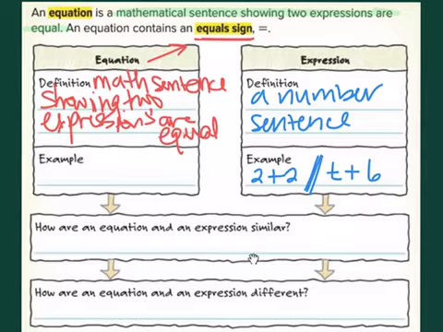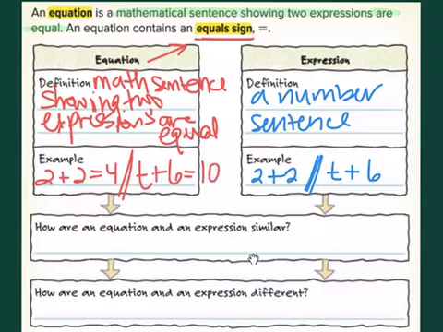An example of an equation would be 2 plus 2 equals 4, or t plus 6 equals 10. Both of those are equations because they have that equal sign. We know what the expression is actually equal to, making it an equation.